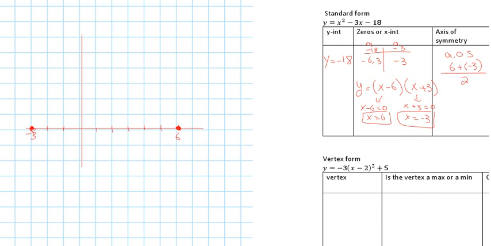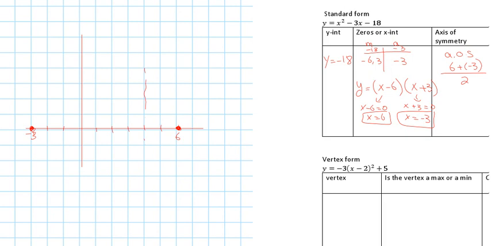Guys, when you do the math and when you plot things on graphs, if you get an answer that does not make sense, that's not in the middle, guess what? Go back and check your work. If by mistake you got an answer that's closer to the 6, does that make sense as the axis of symmetry? No. Go back and check your work, guys.